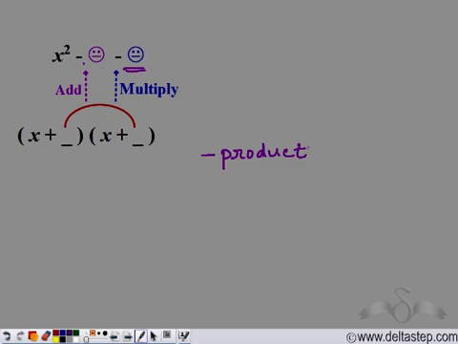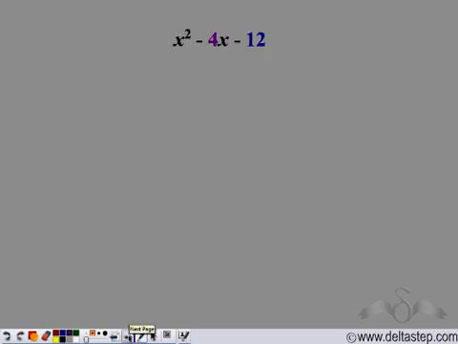We get a negative product of two numbers only when one of them is negative and the other is positive. So in this case also, since the last term is negative, we need to consider two factors such that one is negative and the other is positive.